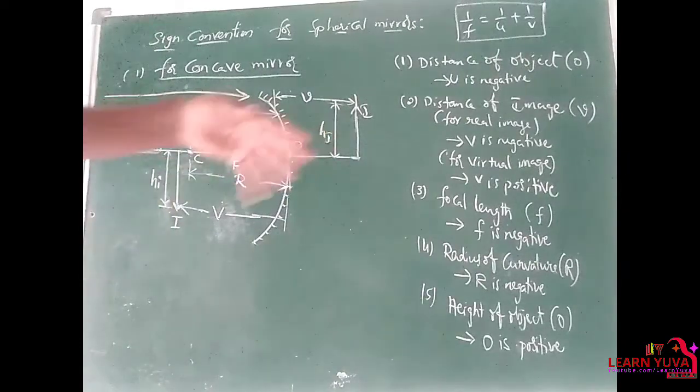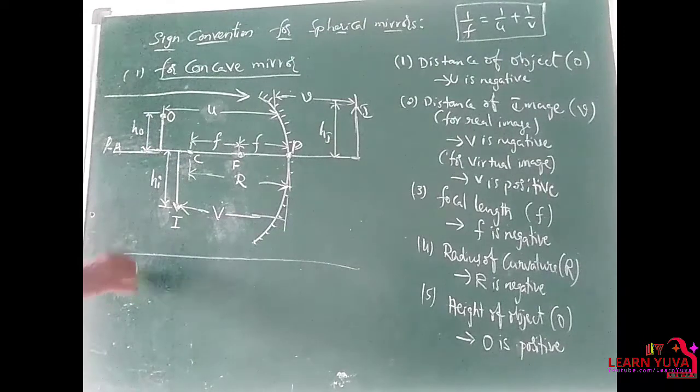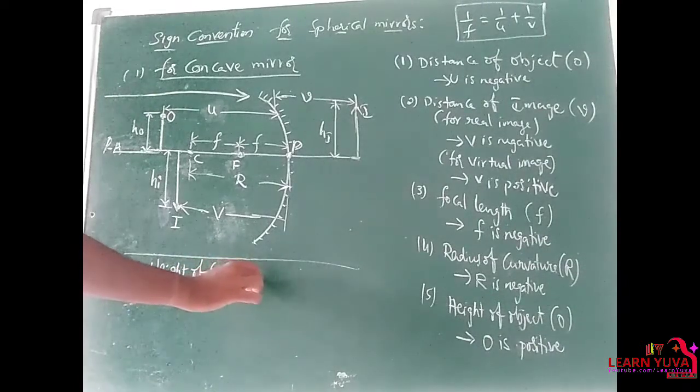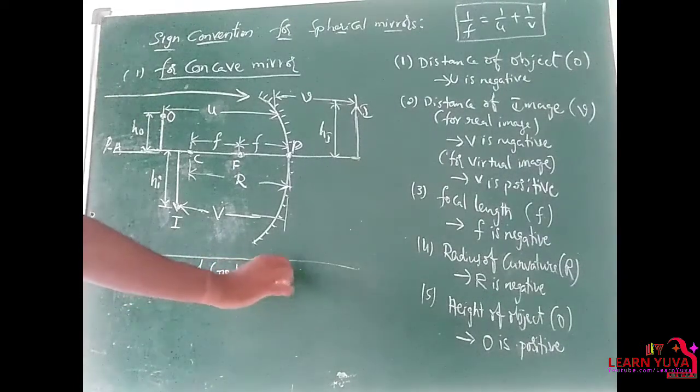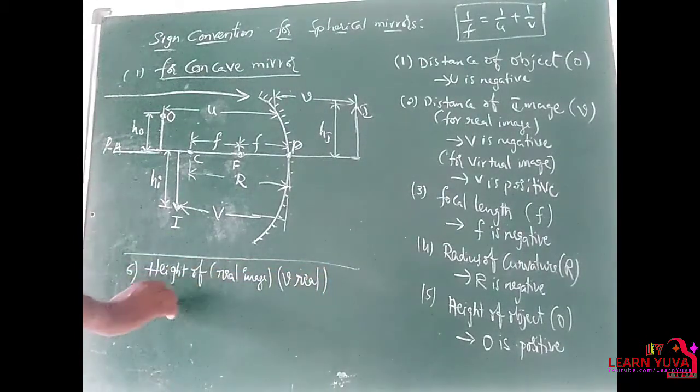So height of the object O is taken as positive. Height of the image, height of a real image is negative.